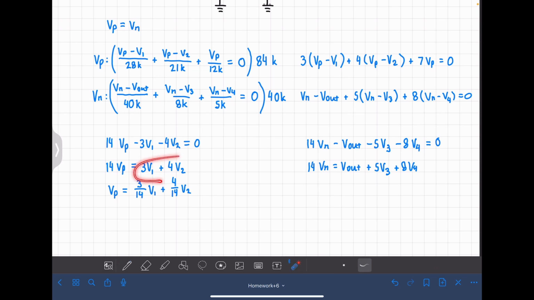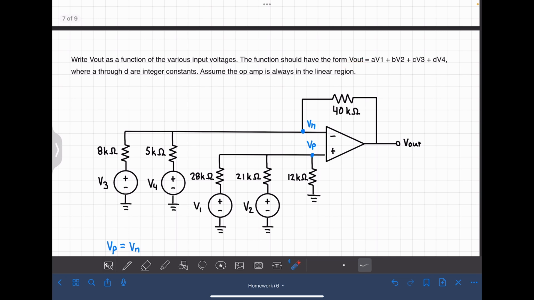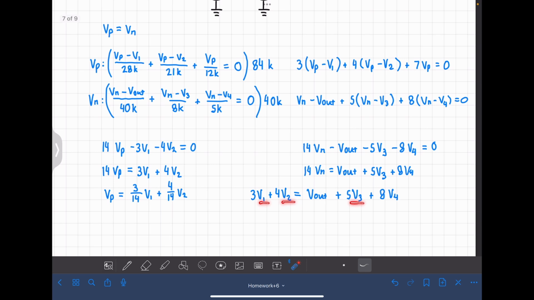So the first one, 3V1 plus 4V2 is equal to our second equation over here, Vout plus 5V3 plus 8V4. Alrighty, so we now have an expression that contains Vout and multiples of V1, V2, V3, V4.